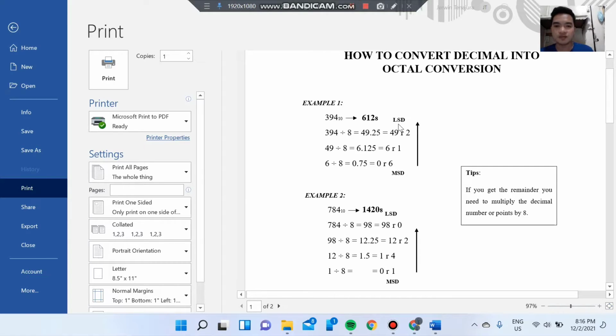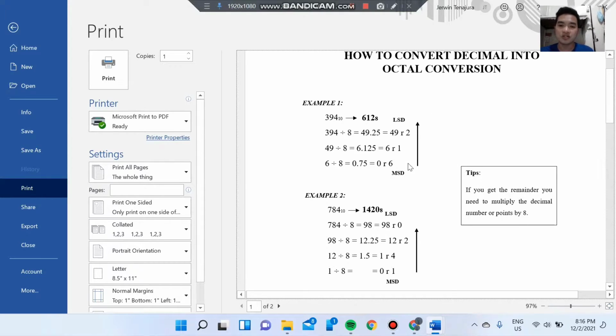MSD and LSD. MSD stands for most significant digit, and LSD means least significant digit. So the arrow here points upward, it means we will take the remainders from bottom to top.